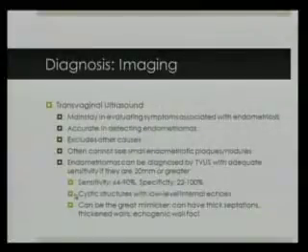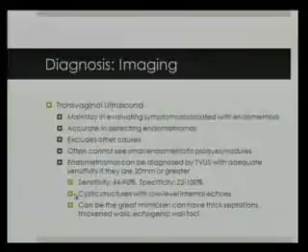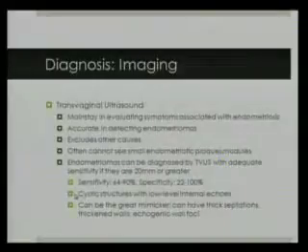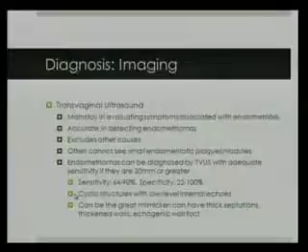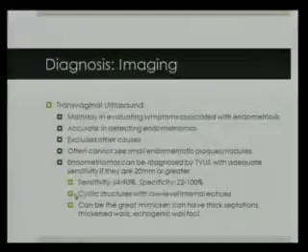The sensitivity is between 60 to 90%, and specificity can be up to 100%. These are cystic structures with low-level internal echoes. It can also be the great mimicker because sometimes they don't look like that, and they can have septations and thicker walls, and be uncharacteristic. So endometriosis likes to be a very difficult disease.